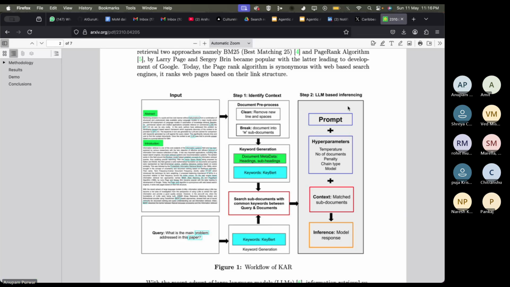Instead of creating vectors, from the text corpus we are extracting keywords, and similarly, from the query also, we are extracting keywords.